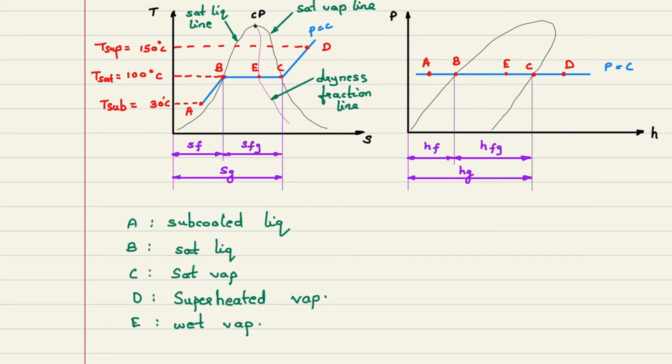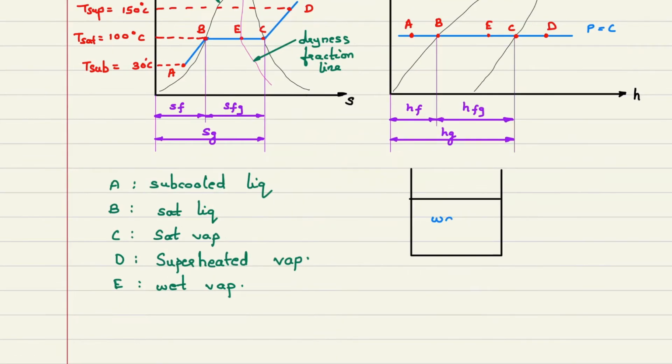Now if you take example, there is a beaker and water is there. We have a beaker and in beaker we have water. Now this water pressure is 1 atmosphere.